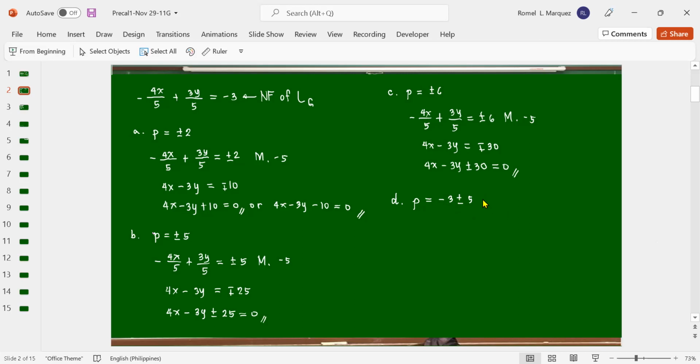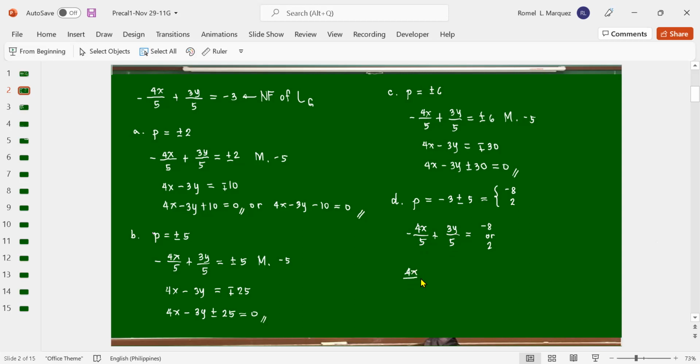This equals negative 8 or positive 2. So we now have negative 4x over 5 plus 3y over 5 equals negative 8 for one, and positive 2 for the other.